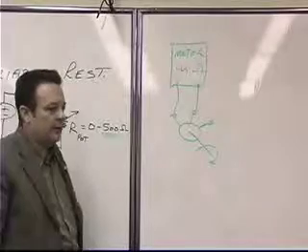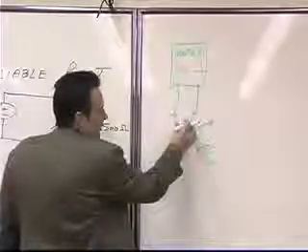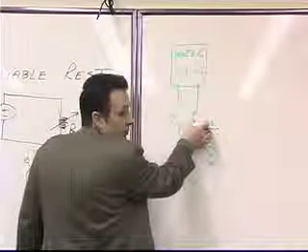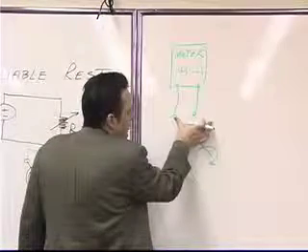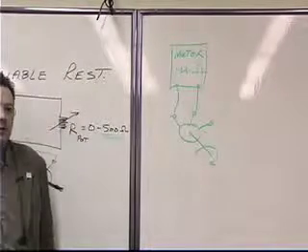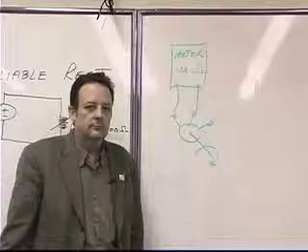Okay? And the value of resistance here plus the value of resistance here will be equal to the total resistance, or the highest setting of the potentiometer that's possible. Okay?